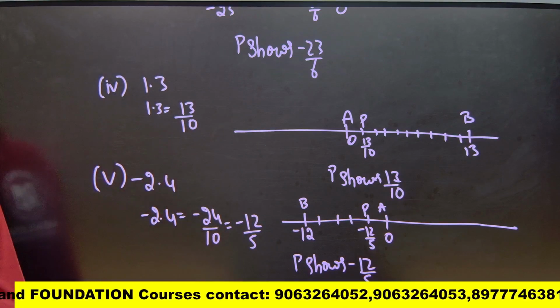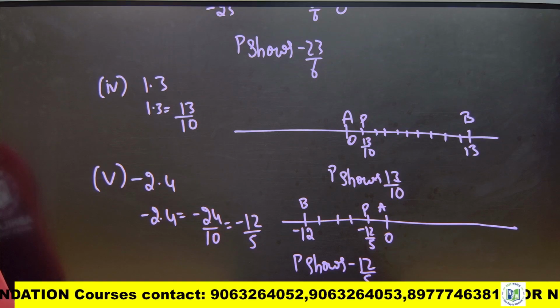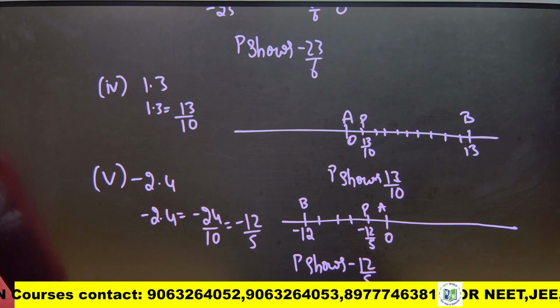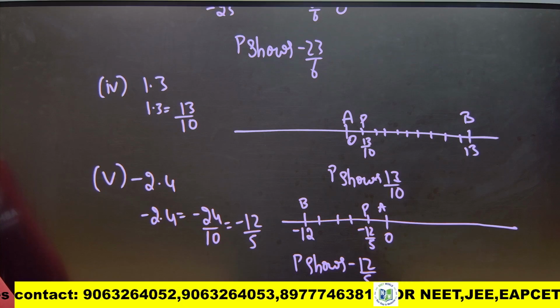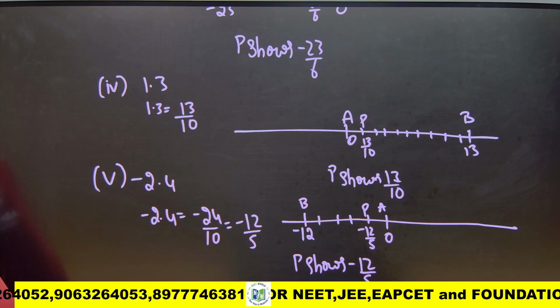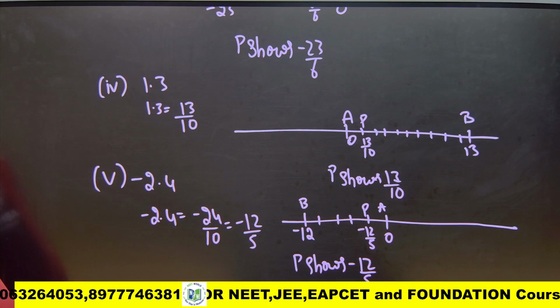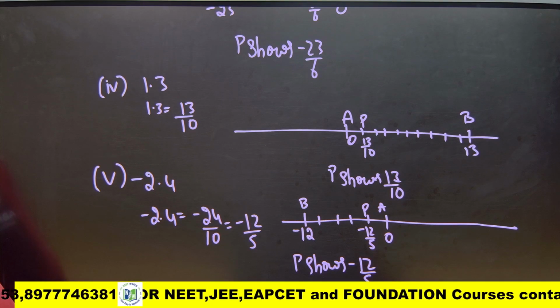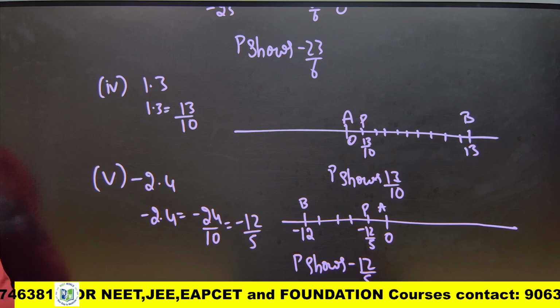That is given in R.S. Aggarwal. The second one, they are telling to find a rational number between two numbers that are given: 3 by 8 and 2 by 5.